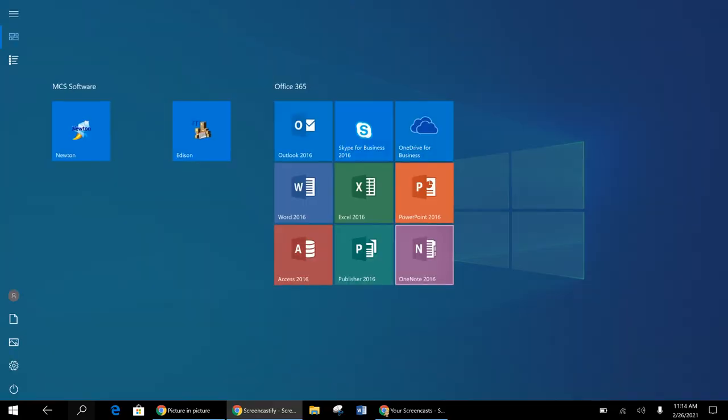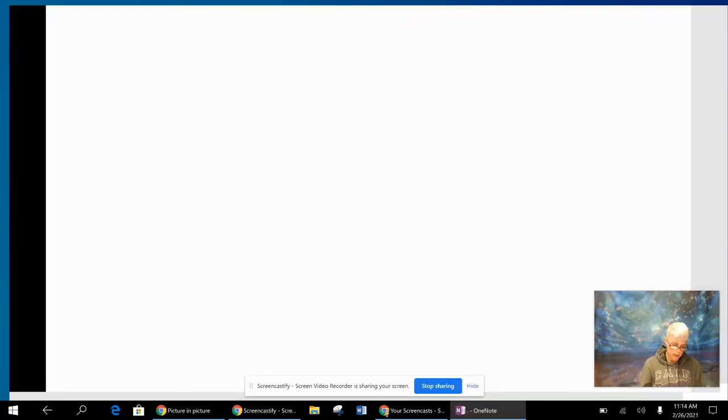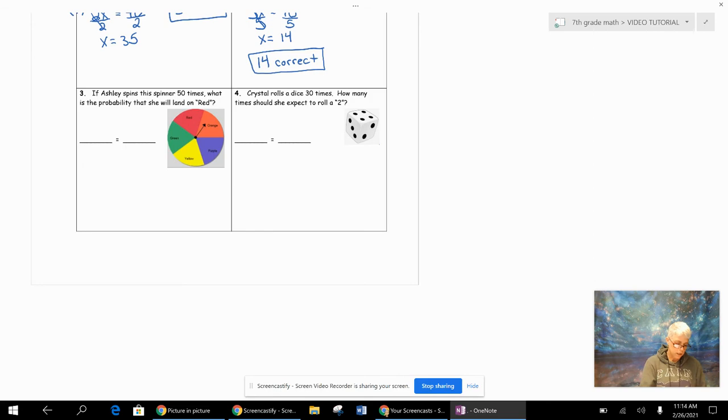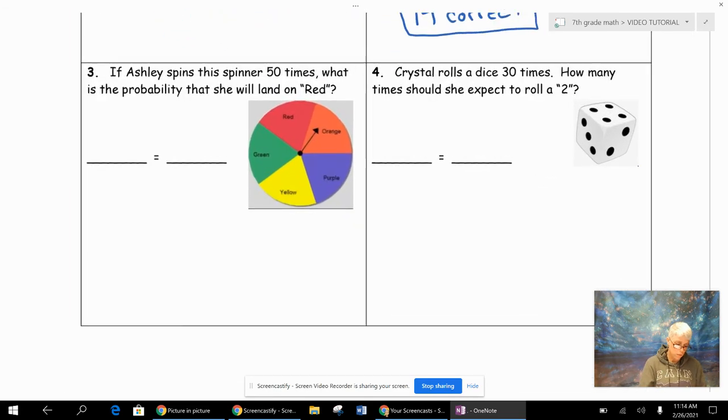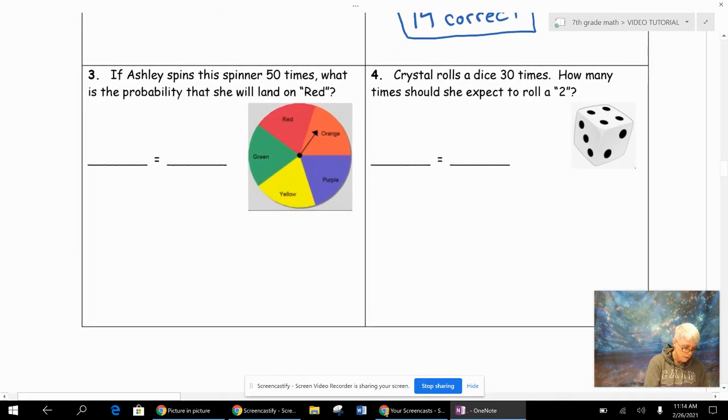Sorry about that. I touched something. All right, so let's go back. So we want red. There's 1 red out of a total of 5 sections. All right, now 1 out of 5 chance.